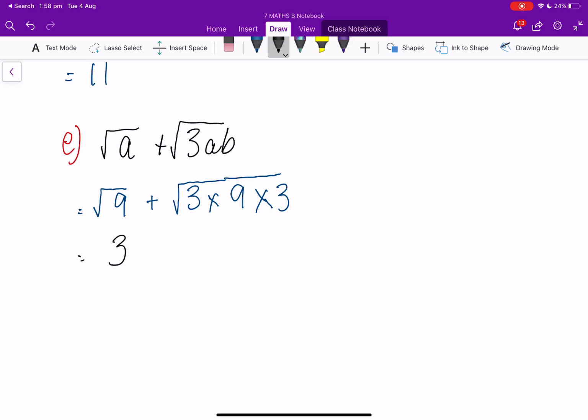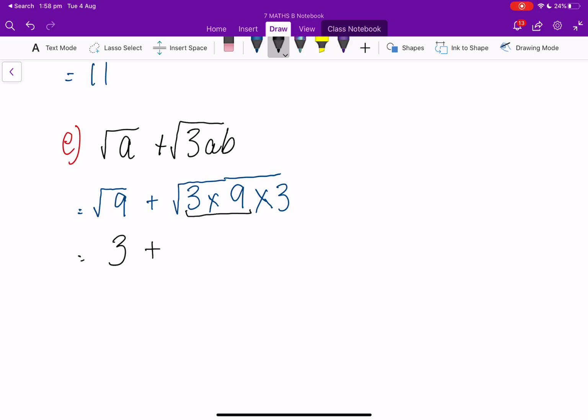So we can actually work this out and we can just leave it as 3, okay? Now I've got 3 times 9 times 3. 3 times 9 is 27, times 3 gives 81.